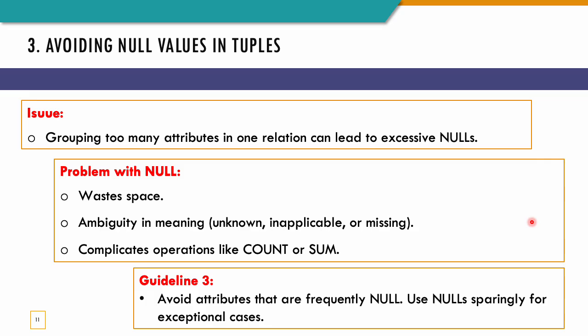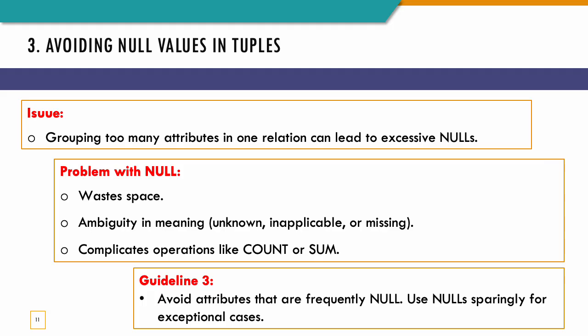Like for me, I don't have a middle name, except for my Chinese name. And then missing: the value should be there, but it's just not available at the moment.